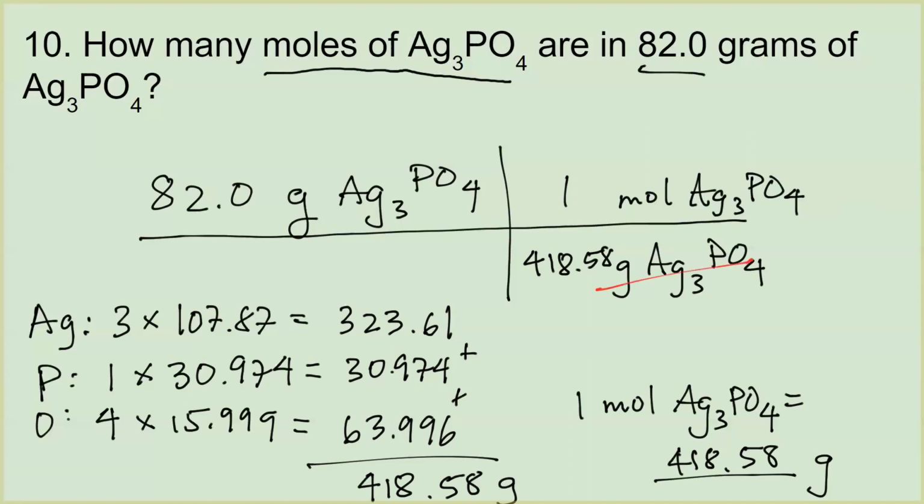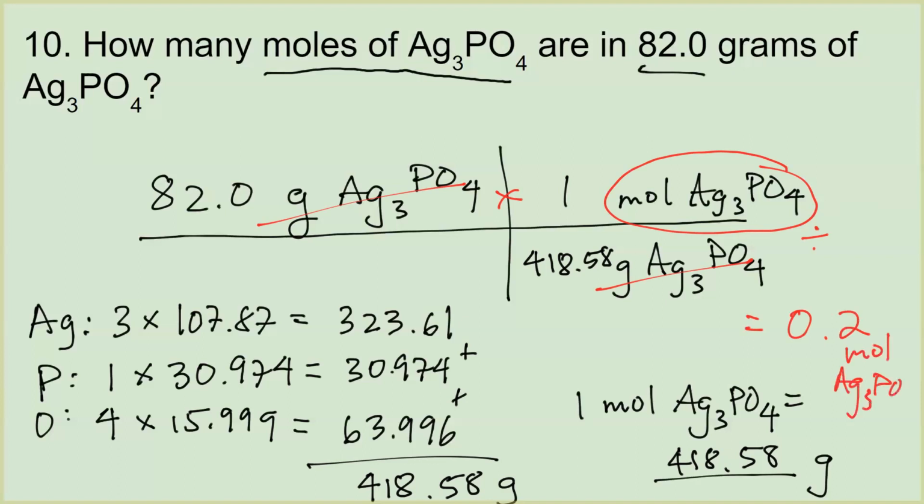The grams on top and bottom cancel out. Moles is what I'm left with, so that's the unit for my answer. I'll do 82 times 1, and then I'll divide that by 418.58. And that'll give me an answer equal to 0.2 moles Ag3PO4. And there we go.